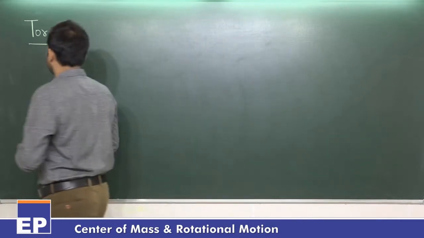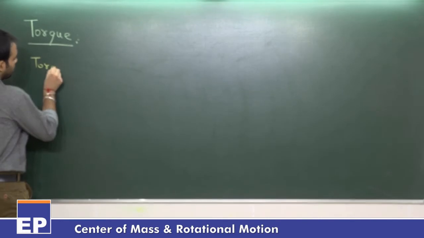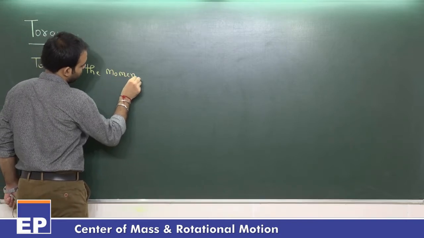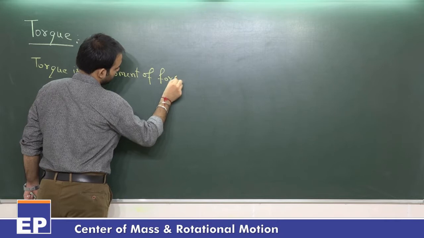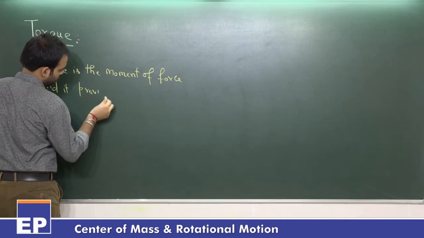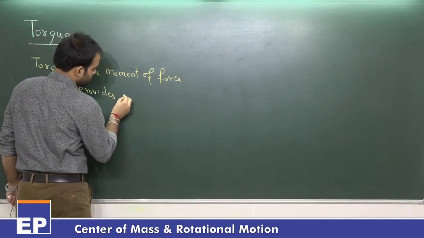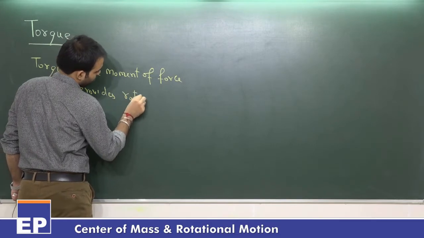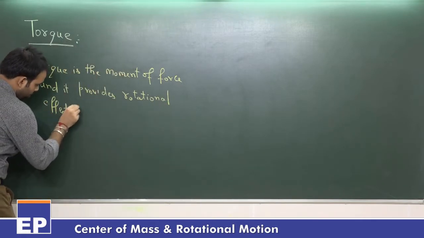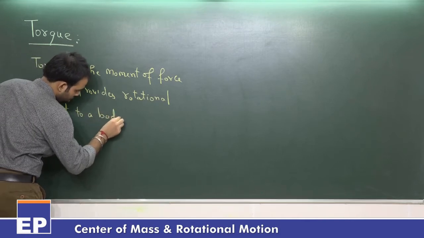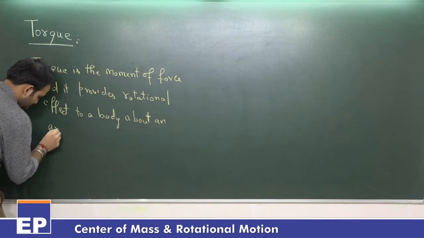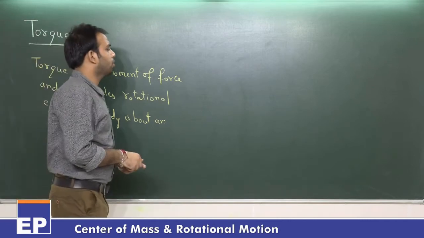Torque is the moment of force, and it provides a rotational effect to a body about an axis. This is the role of torque. Torque is represented by the symbol tau.